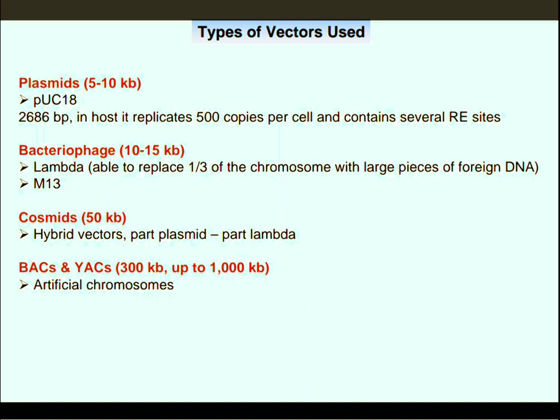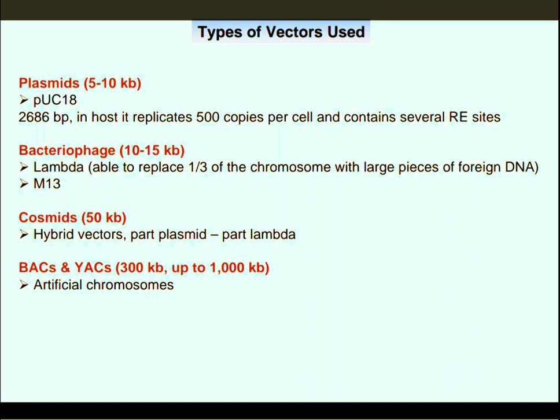The types of vectors used: plasmids, which are only 5 to 10 kb, and pUC18, which is 2686 base pairs. In the host cell, it replicates to 500 copies per cell and contains several restriction sites. So plasmids are one of the vectors.